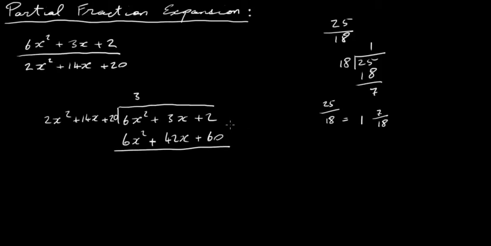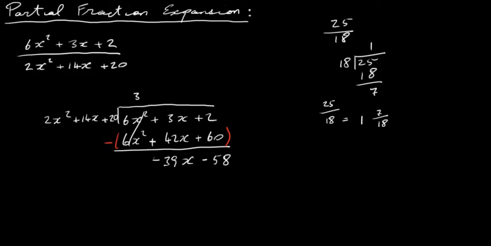What we do next is subtract these two. These two will cancel and give 0 here. Here we'll end up with plus 3x minus 42x, that gives me minus 39x. Here we end up with plus 2 minus 60, so that gives me minus 58. So when I divide this numerator into the denominator, it goes in 3 times with this left over.